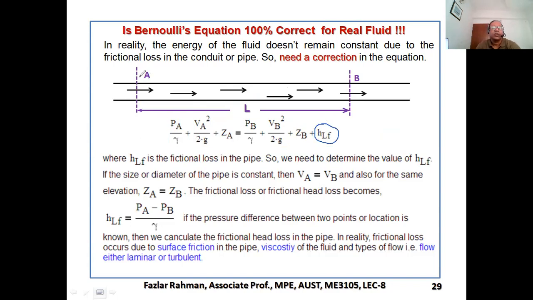That means when fluid comes from point A to B, it loses some energy along the way. That energy is this much, plus the actual energy remaining in the fluid at point B is this much. For example, after your class from the campus, you buy some candy for your younger brother or sister.